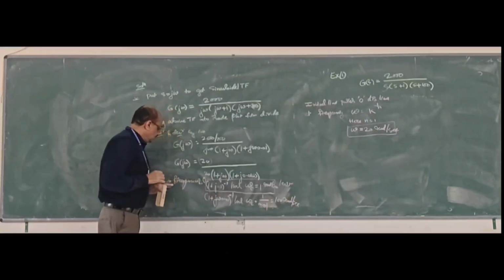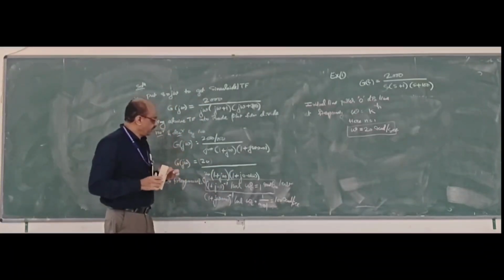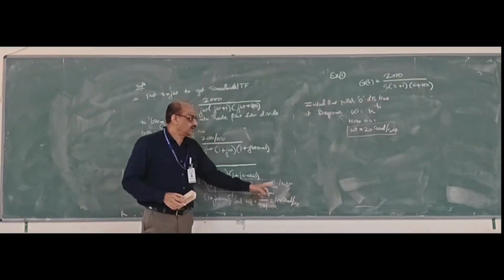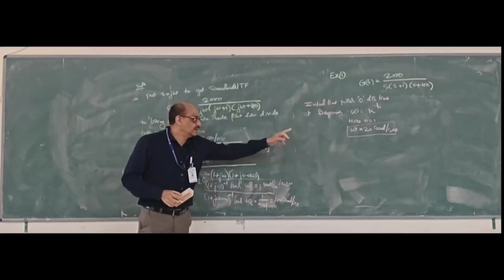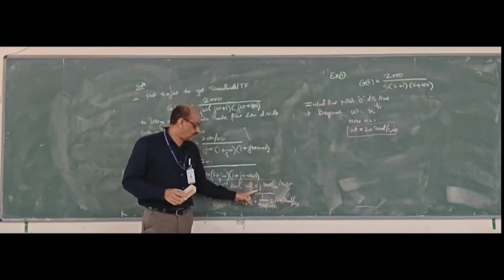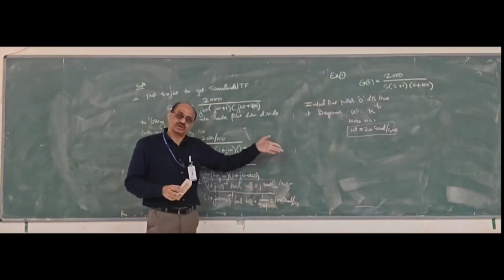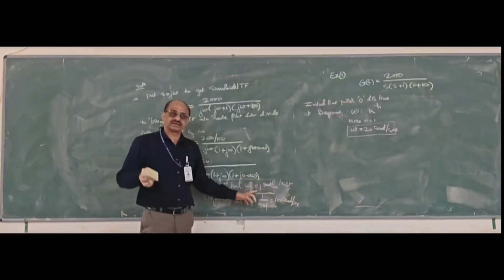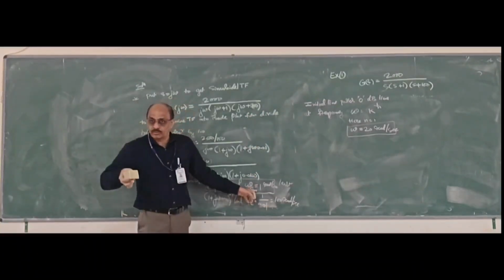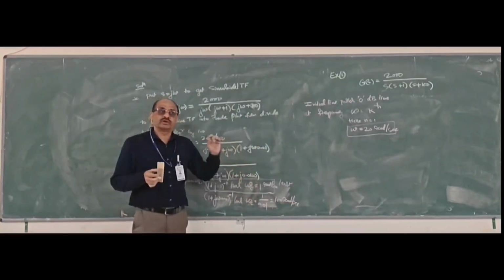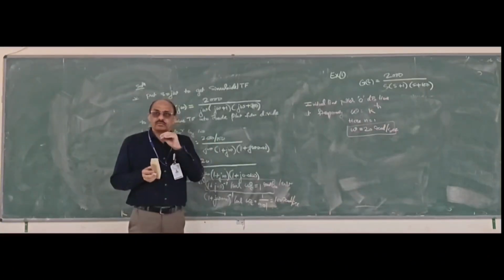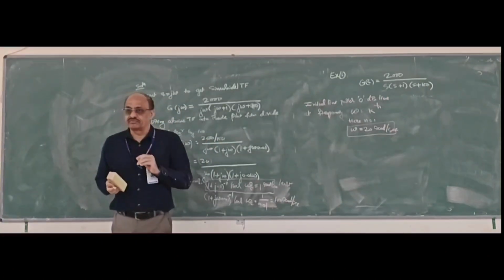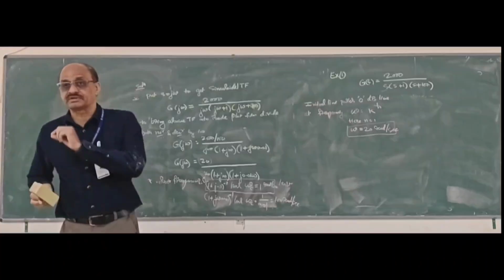So the starting frequency must be lesser than the least among these. I have already identified one, and 20 is greater than that, so it should be lesser than that. It should not be equal, so it should be taken lesser. Select the starting frequency as 0.1 radians per second.